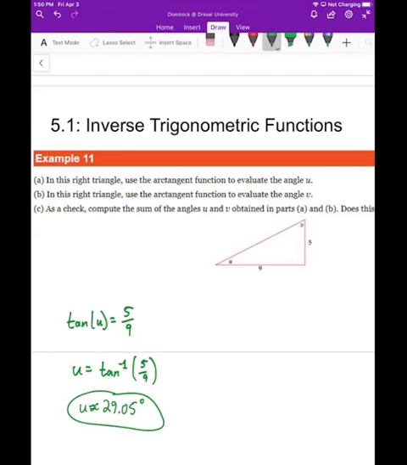Okay? Now to find the angle V, I would do something similar. That would be the inverse tangent of now 9/5, because now opposite over adjacent would be 9/5. So if I do that, we get that this is roughly 60.95 degrees, right?